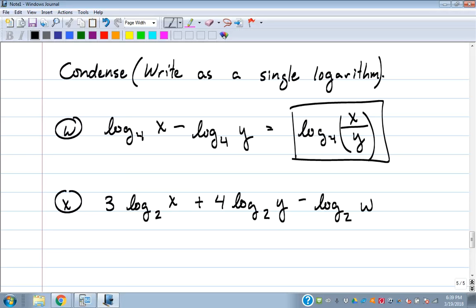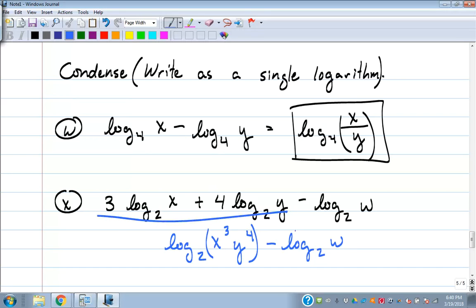So what are we multiplying together here? X to the third, y to the fourth. So we have log base 2, x to the third, y to the fourth. I'm thinking this may be a step that you don't have to write down. Then I've condensed these first two into this, because it came first. Now, minus log base 2 of w.